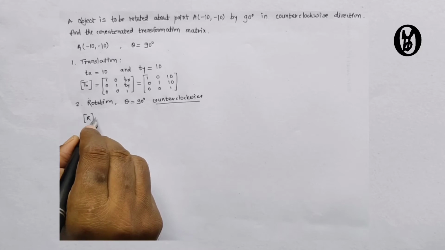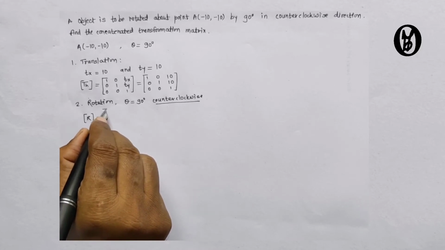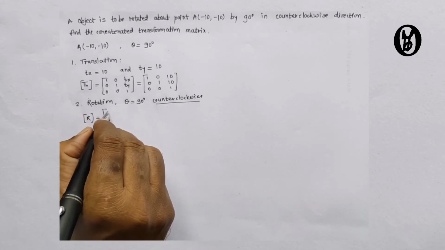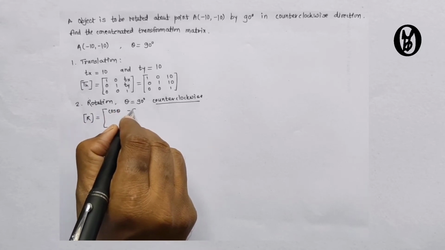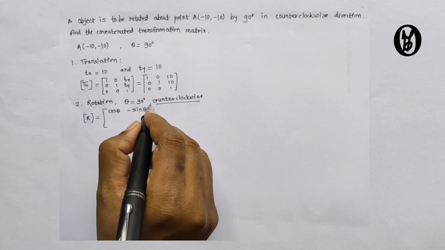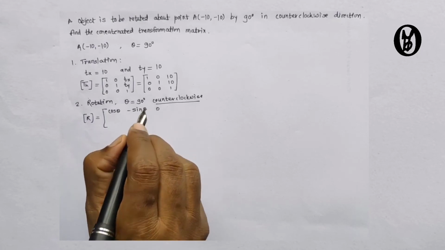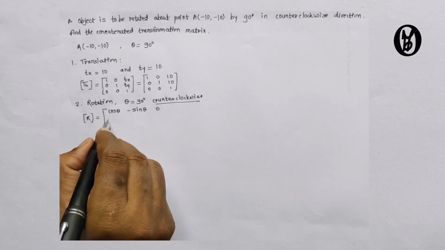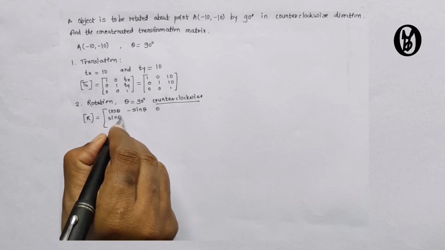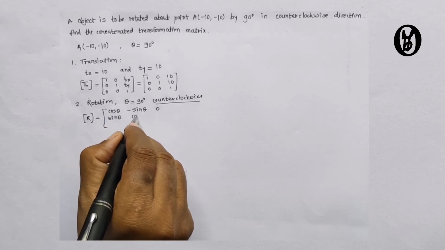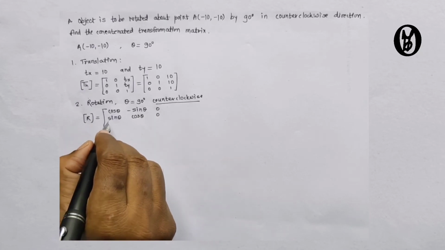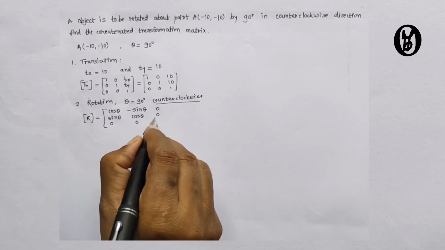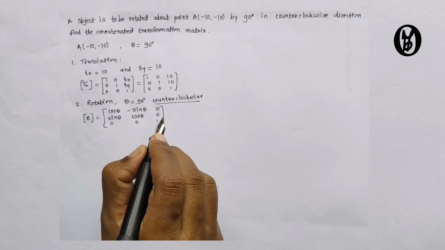We can now write the rotation matrix R equal to cos theta, minus sin theta, 0, sin theta, cos theta, 0, 0, 0 and 1.